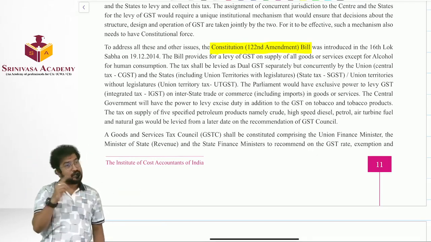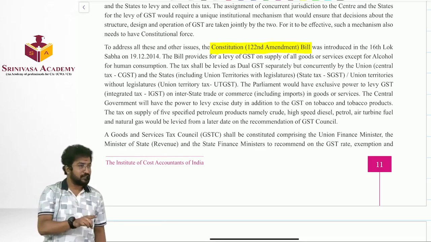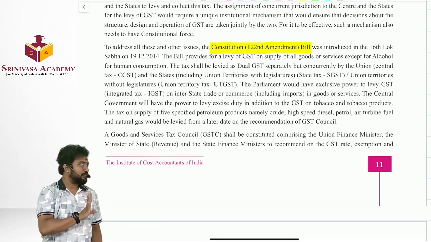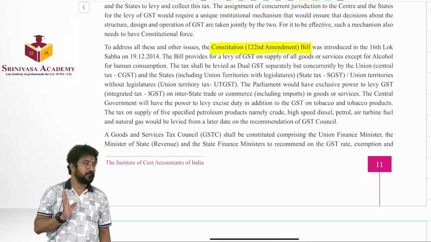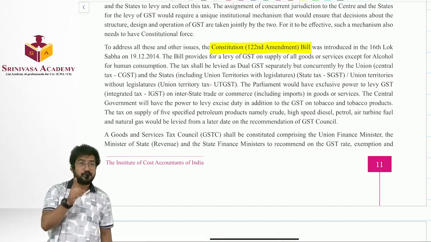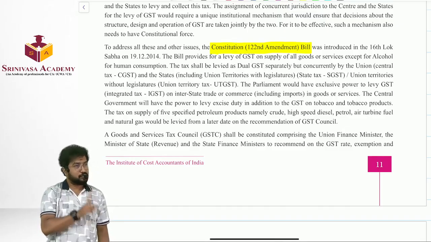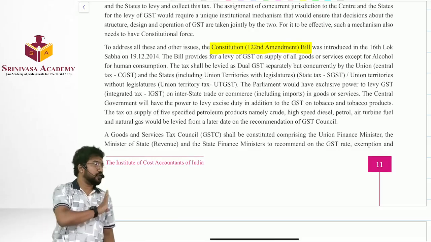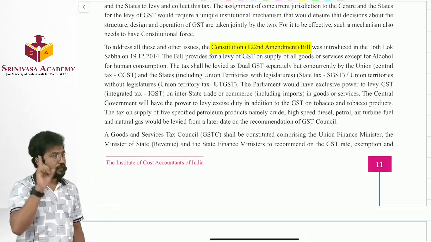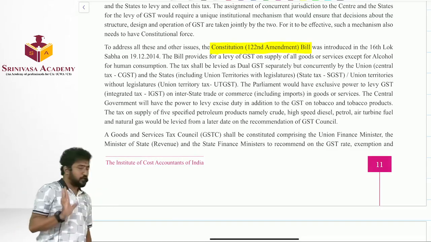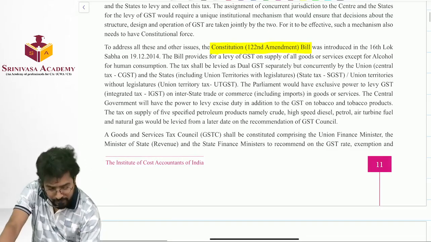Bill number 122, but Act 101. Both are the same, not different. If they ask an MCQ about the bill or act name, don't get confused. Bill is 122, Act is 101.